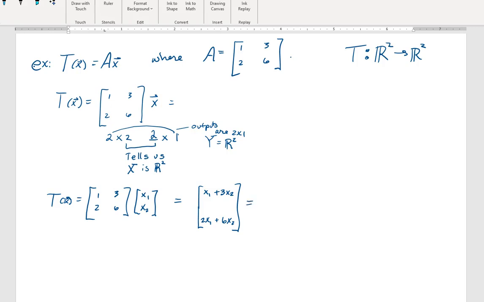We could rewrite this like so. We started in matrix form, we multiplied it, and then we went to vector form. Some of that old vocabulary coming back up.